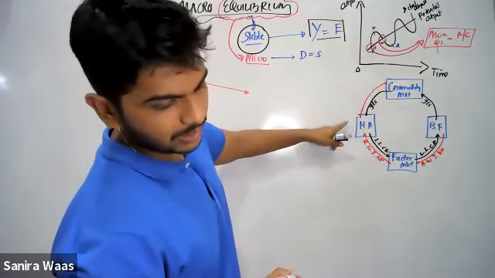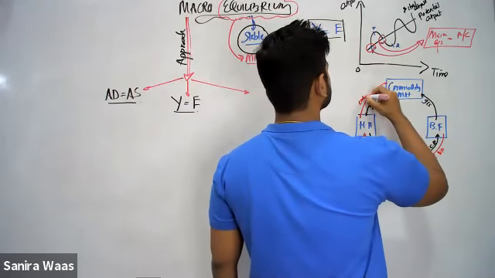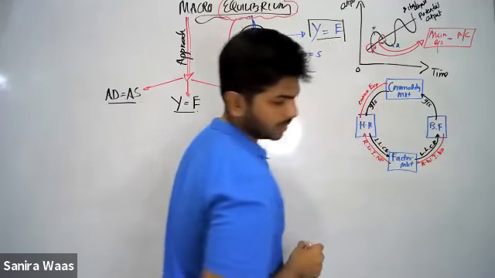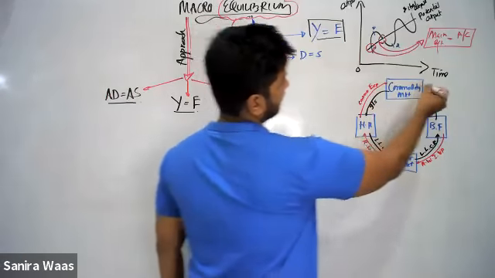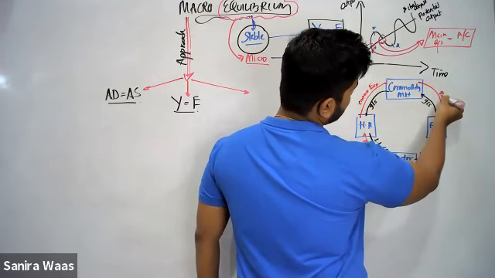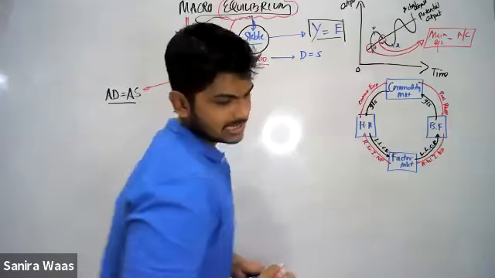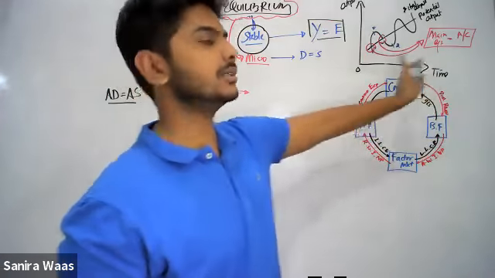This is called your consumer expenditure. Whatever they buy would be taken back into the business firm as their producer revenue. So this is how a two-sector economy works.